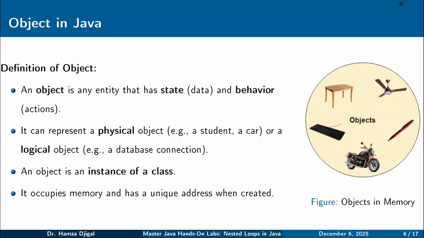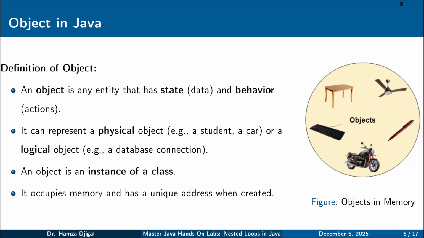Let's explain what exactly an object is. An object is any entity that has a state, that is our data, and behavior, an action. It means what it can do. For instance, a motor can run and has some state. It can also be a physical object like a student or a car, or a logical object like a database connection.